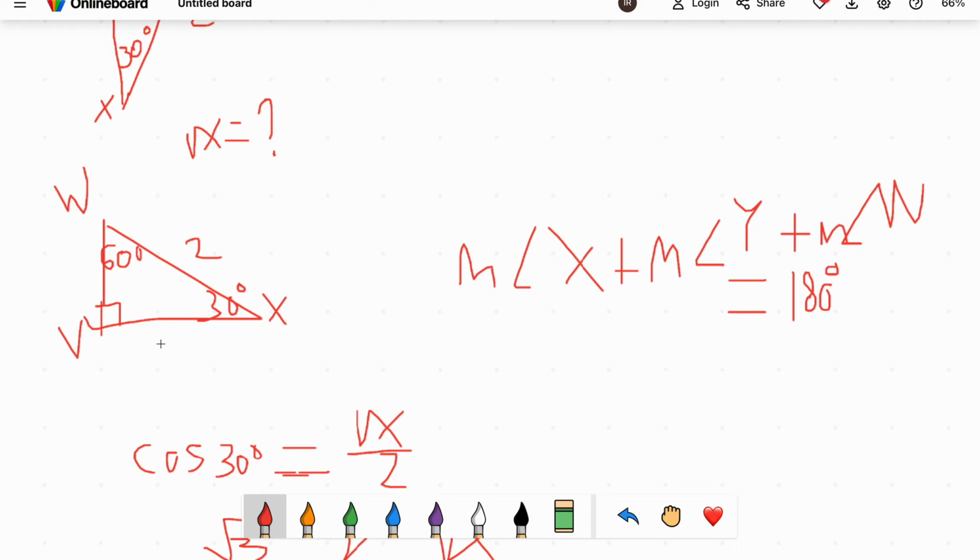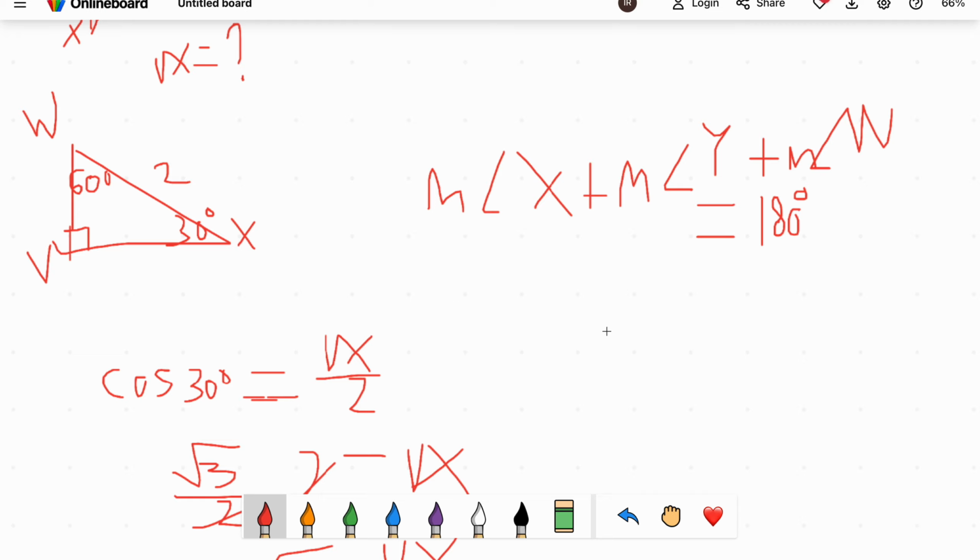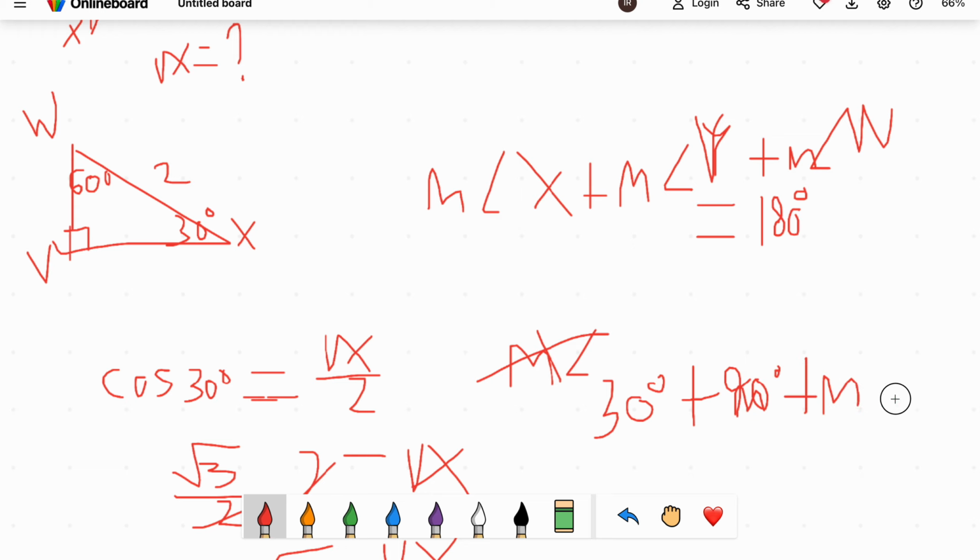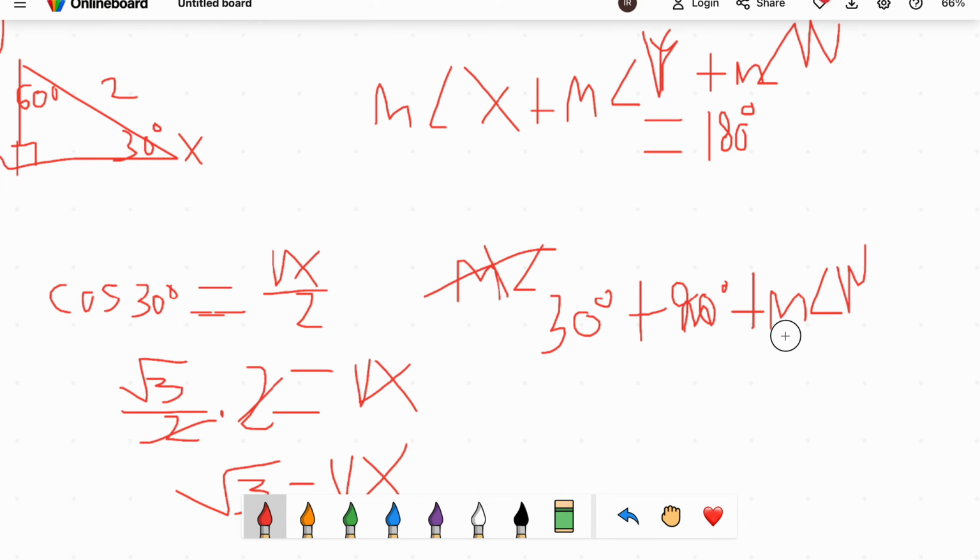And let's say we're finding angle W, so then angle X, which is 30 degrees, so we'll say 30 degrees plus angle Y. I'm sorry, I mean angle V, right? Let's say angle V is 90 degrees, right? Plus angle W equals 180 degrees.